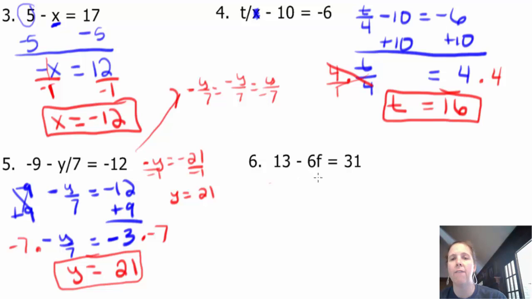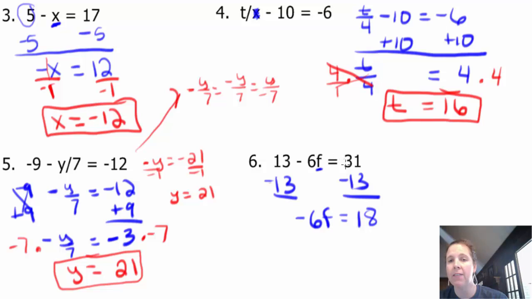13 minus 6f equals 31. We want to isolate our variable. We subtract 13 from both sides. So negative 6f, I'm sorry, equals, what is that going to be, 18.